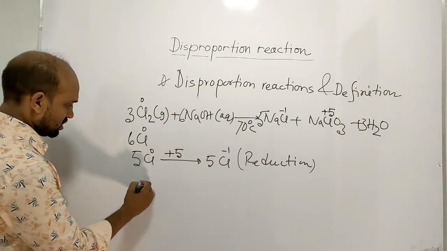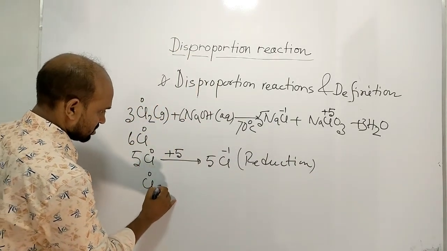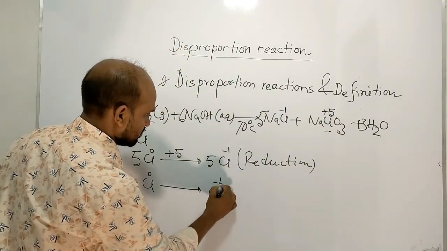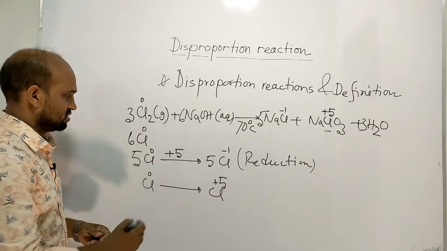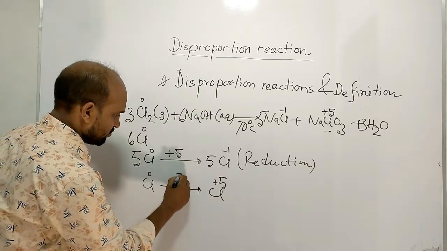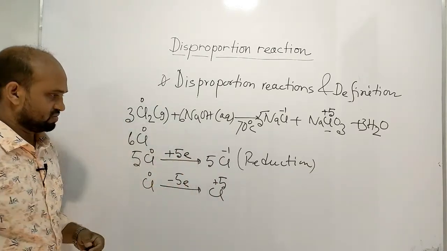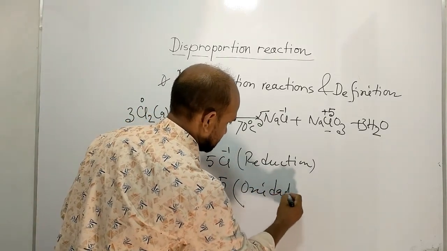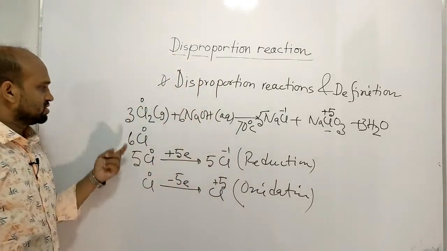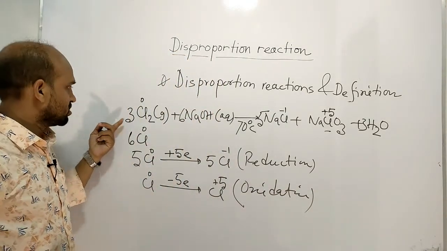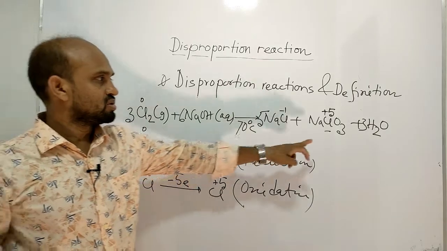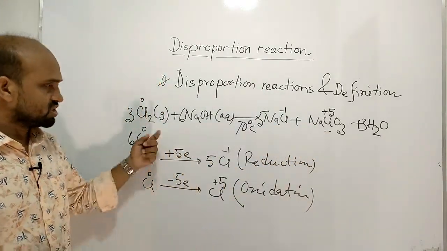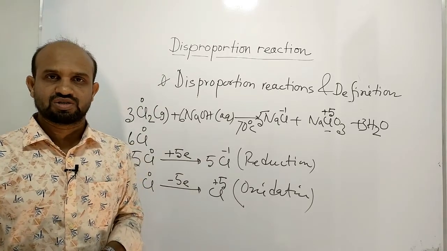And another 1 chlorine atom with 0 oxidation number is changed to chlorine +5, releasing 5 electrons, and this is oxidation. Now this is the reaction where chlorine undergoes oxidation and reduction at a time. So this is a kind of disproportionation reaction.